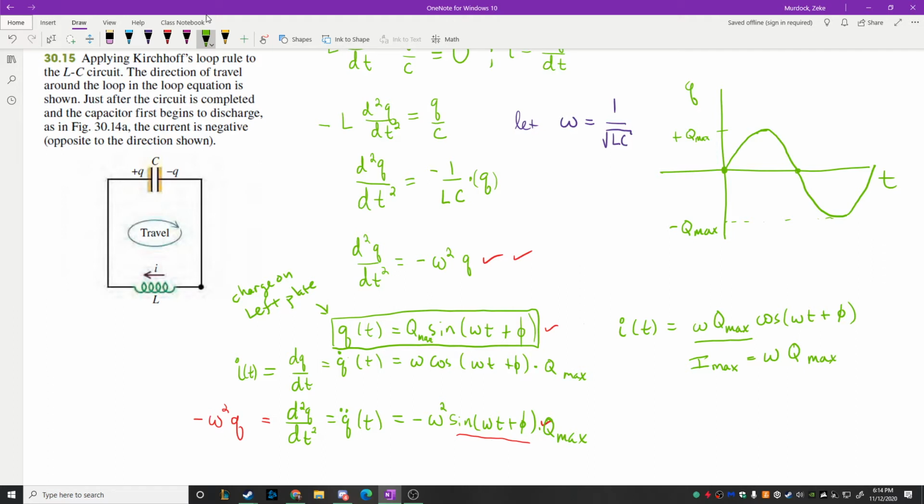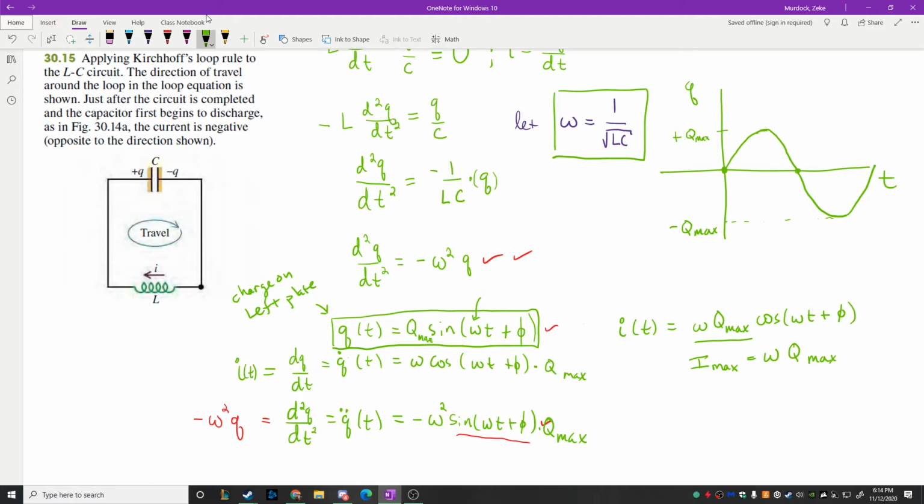The charge goes positive to 0 to negative to 0 to positive. So it's oscillating back and forth, and the rate at which it's oscillating is given by that little omega inside there, and that's part of why we use the symbol omega for it. So this would be the radians per second for the oscillation.